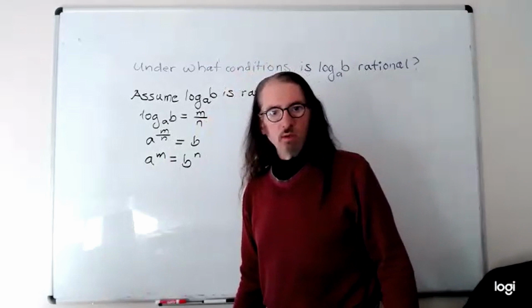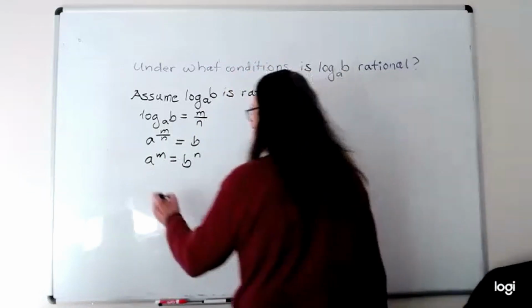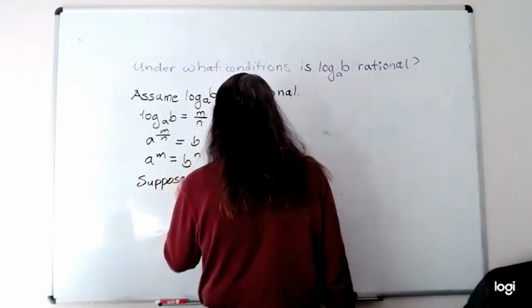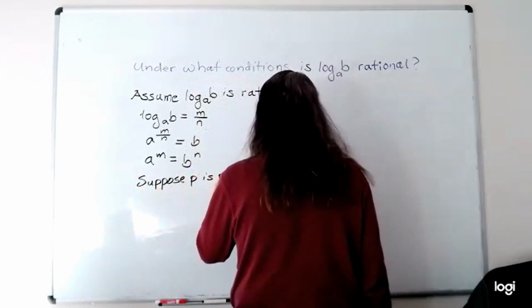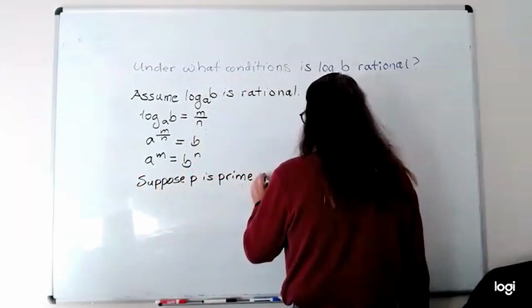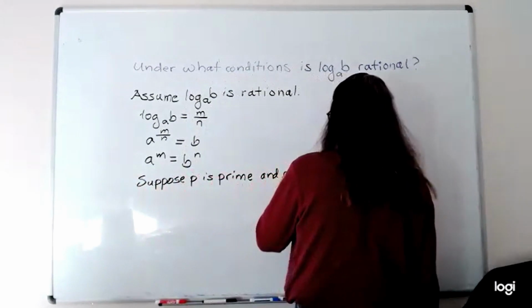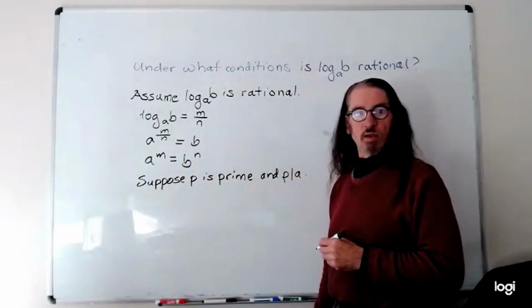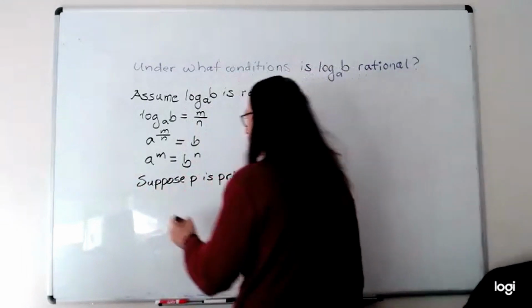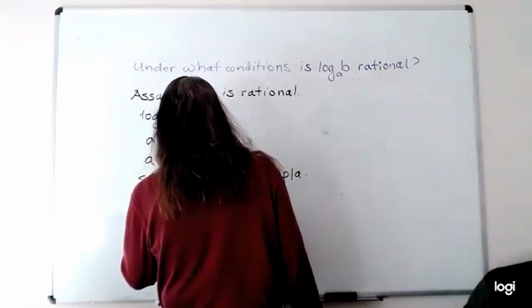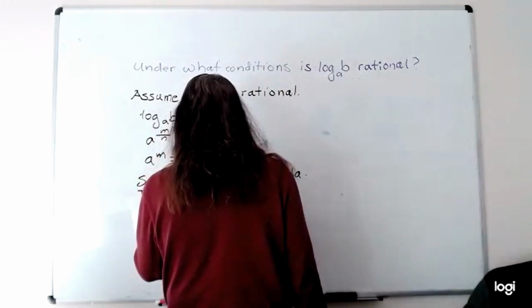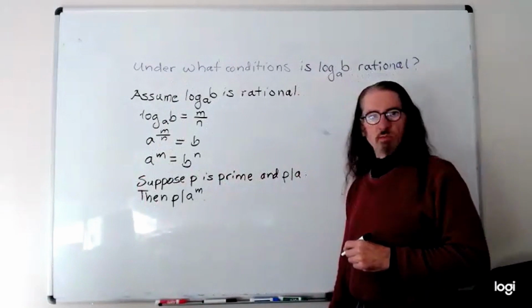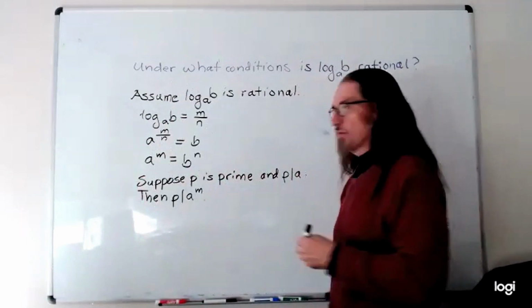Suppose that p is a divisor of a, where p is prime. Then p is also going to divide a to the nth power. But a to the m is equal to b to the n.